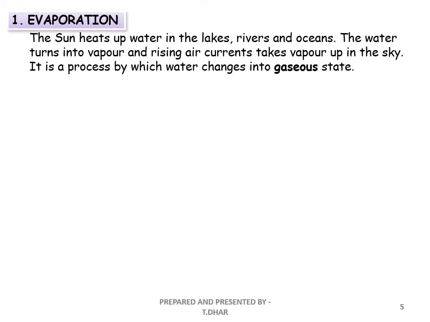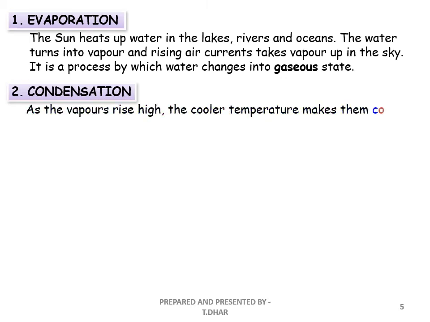So what happens in evaporation is that the heat from the sun turns the water of the land into vapor, and the rising air currents take this vaporized water up to the sky. In short, we can say that evaporation is the process by which water changes into gaseous state.